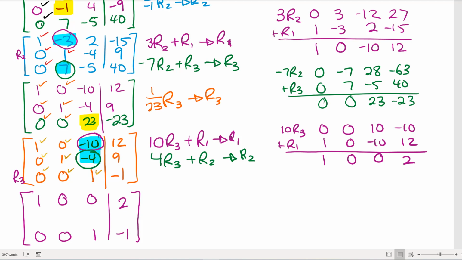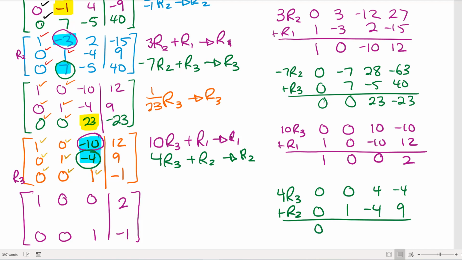And then in green, I'm going to work on 4 times row 3 plus row 2. So 4 times row 3 is 0 times 4 is 0, 0 times 4 is 0, 1 times 4 is 4, negative 1 times 4 is negative 4. And then I'm going to add row 2 right below that.